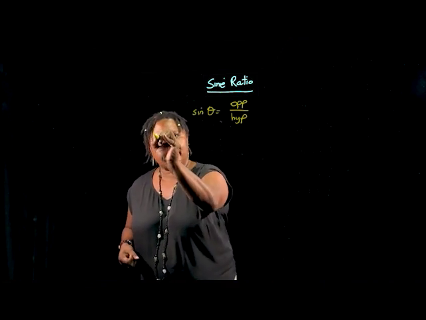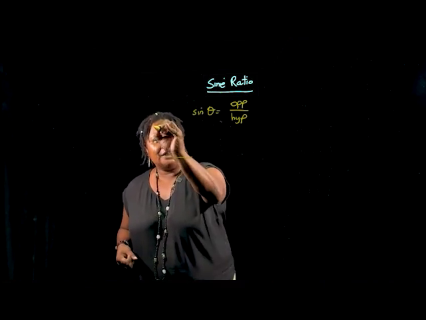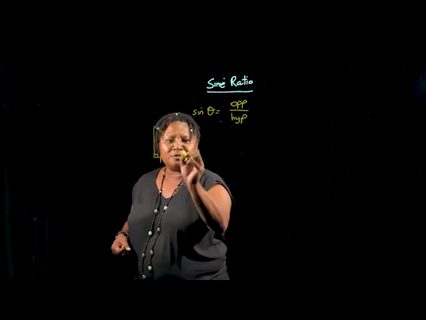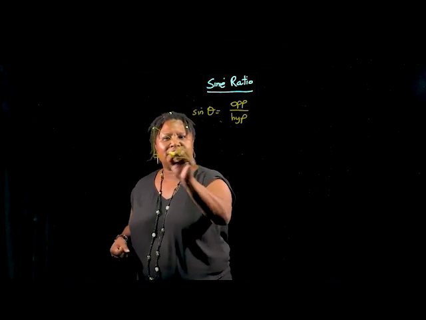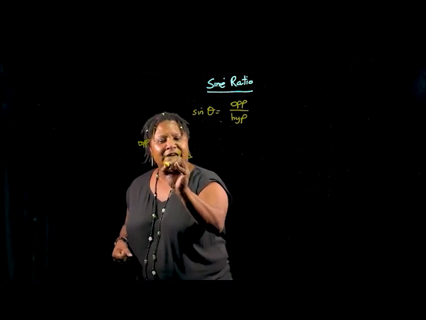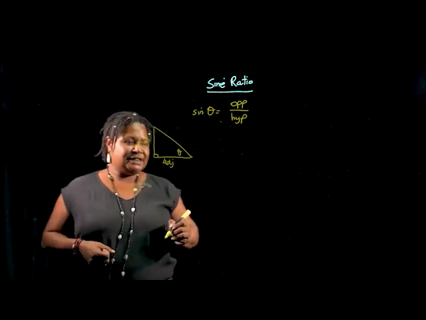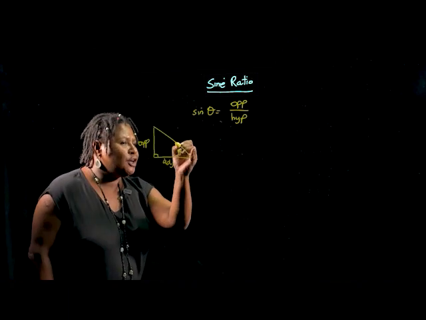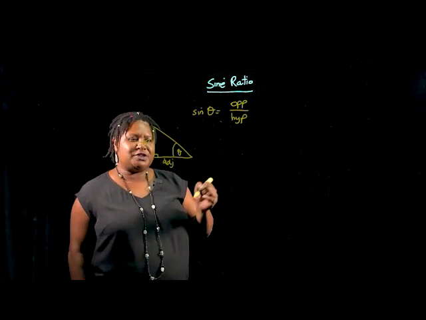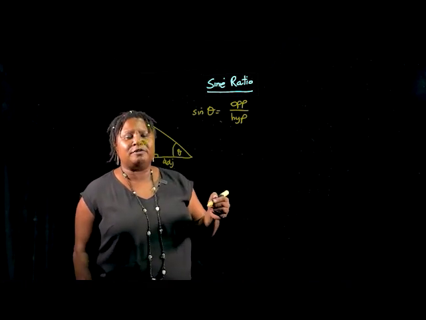Now, remember that the sides are named in relation to where the angle is. So theta opposite is here, and we have adjacent. So we are going to see how we will use this ratio to find the length of sides in a triangle.